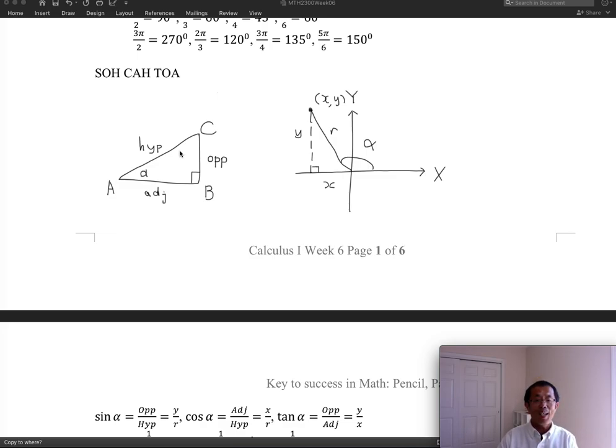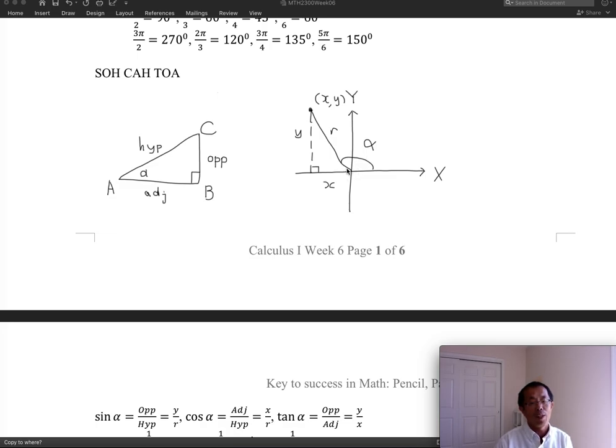So I have the graph to the right, a similar drawing. As you can tell, now I have an angle alpha which clearly cannot be fitted into a right triangle. But I just want you to know that for any angle, you put the angle into the xy-plane and you can always create a reference right triangle.